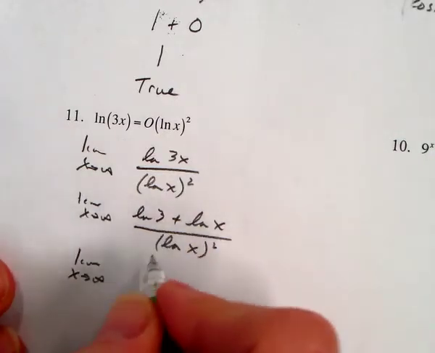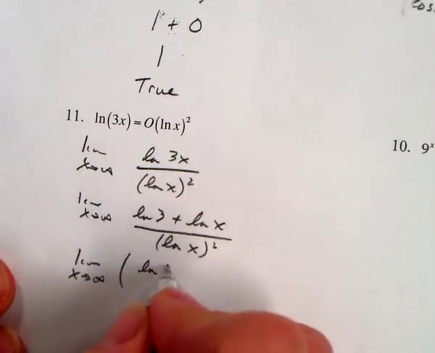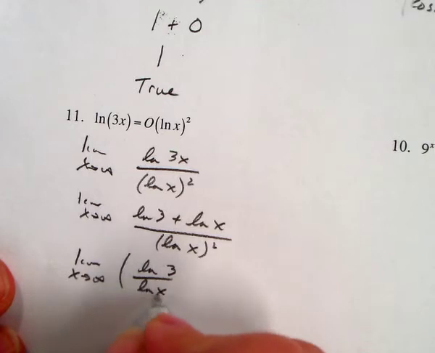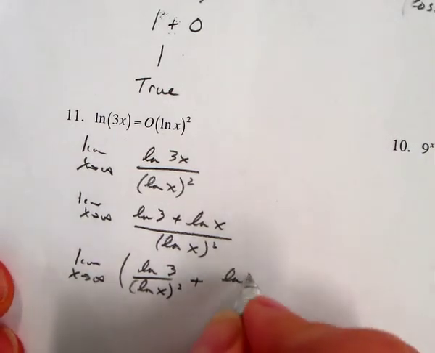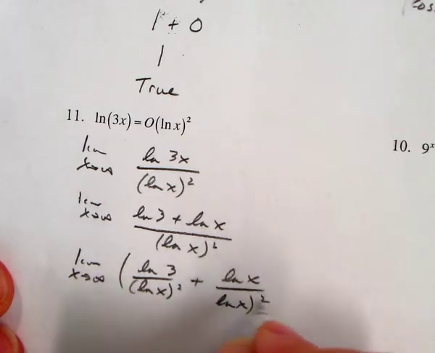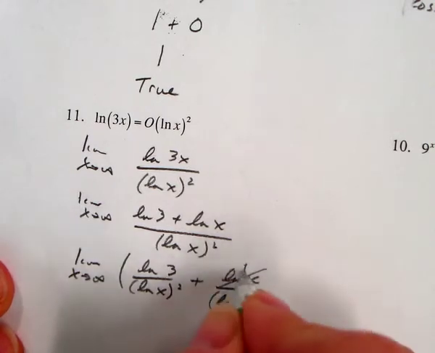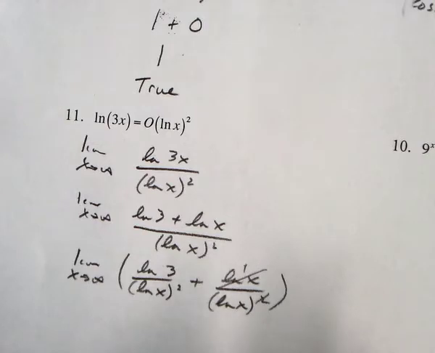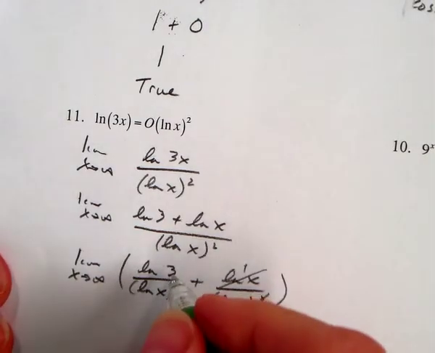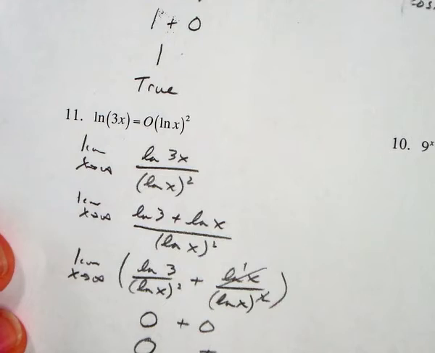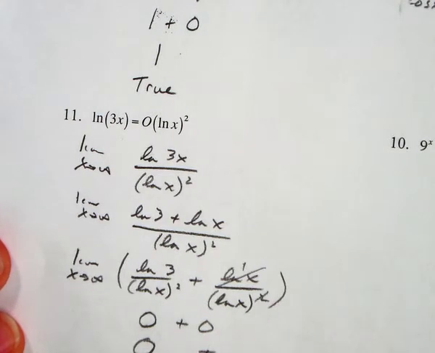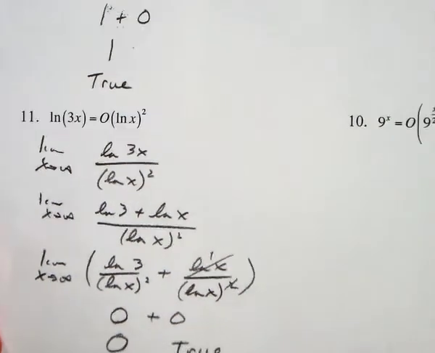If we break this up into two separate fractions, we'll have ln of 3 divided by the ln of x quantity squared, plus the ln of x divided by the ln of x quantity squared, but that's going to reduce to 1 there. Now, as x goes to infinity, the first part is going to 0, and then we have 1, and the second part's going to 0, so this whole thing is 0, so that is true. Because all we need to say is, is it bounded by a number if it goes to 0? Yes.